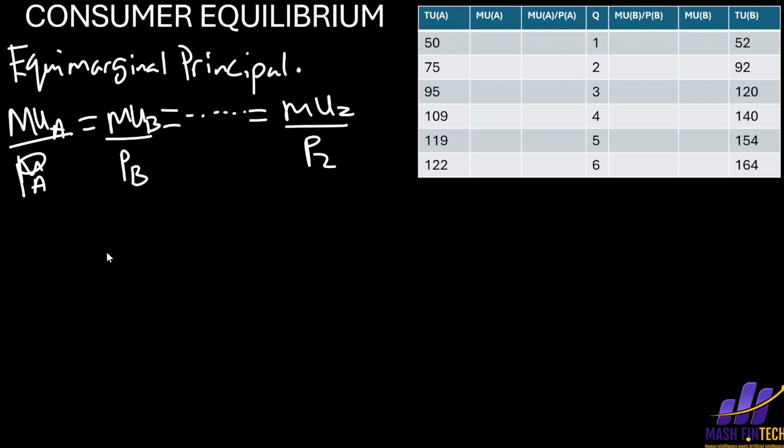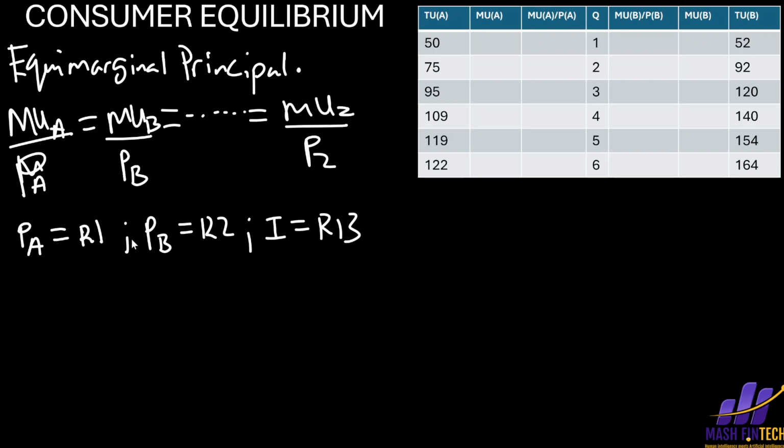For that particular case, we are told that the price of apples is, and I'm going to use the rand as the currency here, 1 rand for each apple. The price of each banana is equal to 2 rand. Rand is a South African currency. And the income that you have to spend on these two is 13 rand.